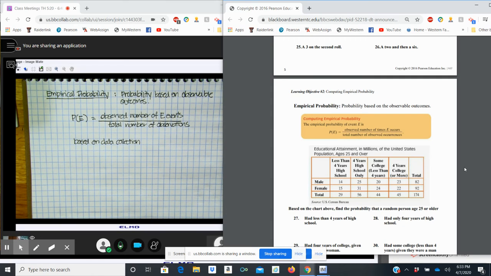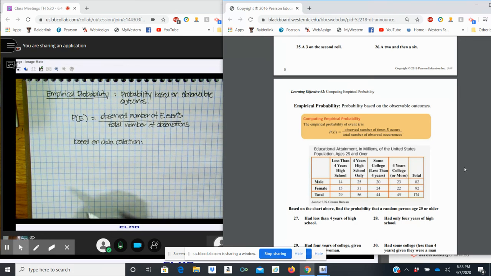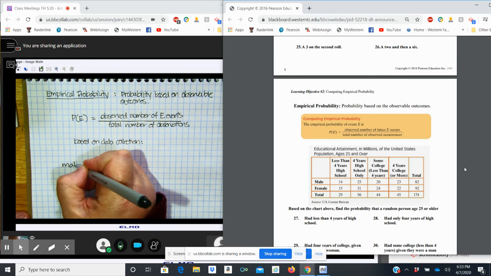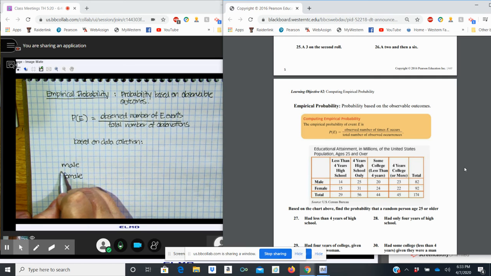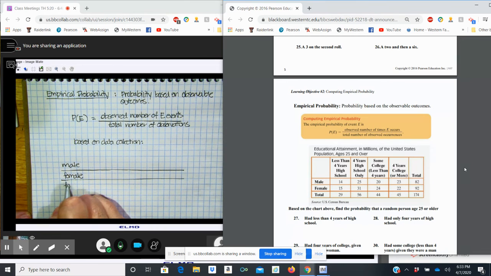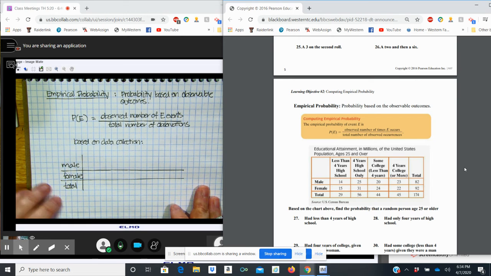For example, I have a chart here that compares male and female graduation rates in terms of their education.